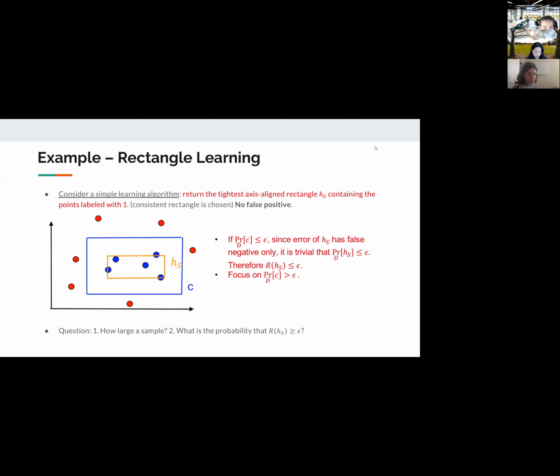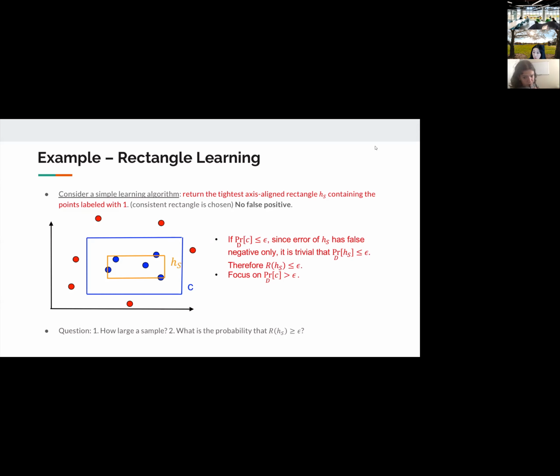If that's the case, then the error of HS has false negatives only, because that's just the algorithm. You're returning the tightest axis-aligned rectangle HS containing the points labeled with 1. So the error of HS can only have false negatives.